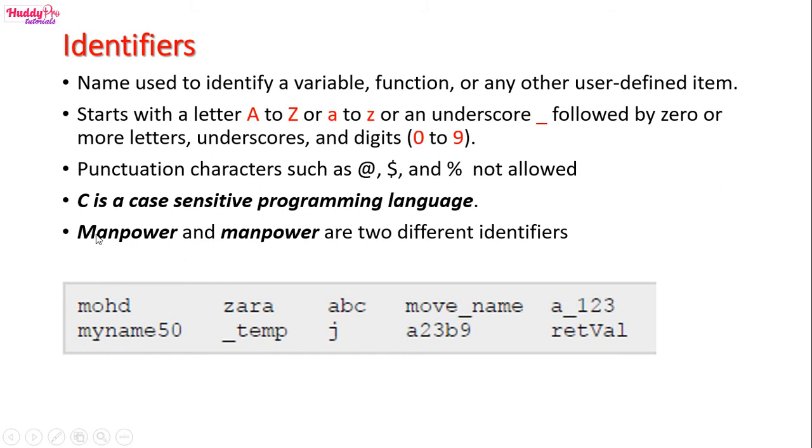Why? Here you are using capital M, and here you're using the small m. So these two words are different, and C will recognize them differently. Why? Because C is a case-sensitive programming language. So here we have some examples of identifiers, some correct names of identifiers that can be used in C.